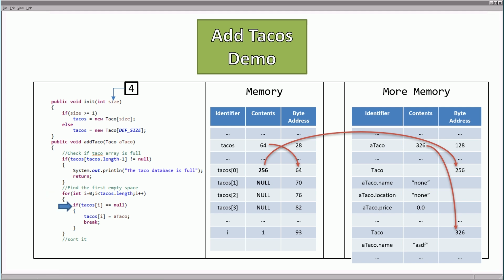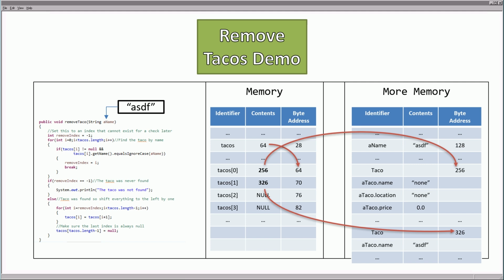Tacos at index 1 is null. So then we assign tacos at index 1 to be the memory address 326. This now points down to here. We break. Once again, the parameter aTaco no longer exists. However, we still have the reference right here.